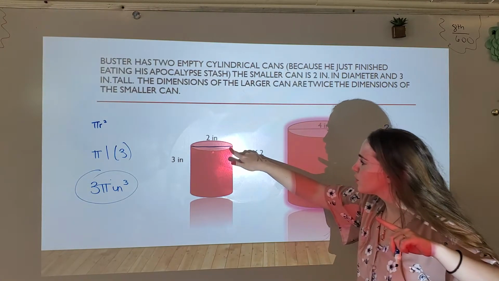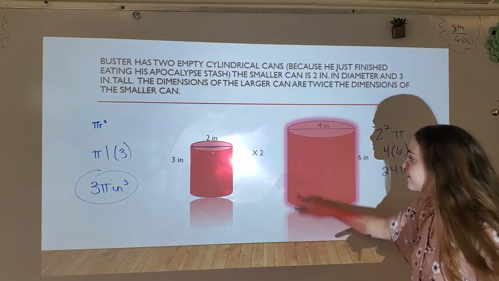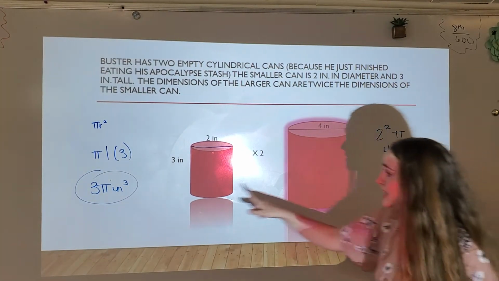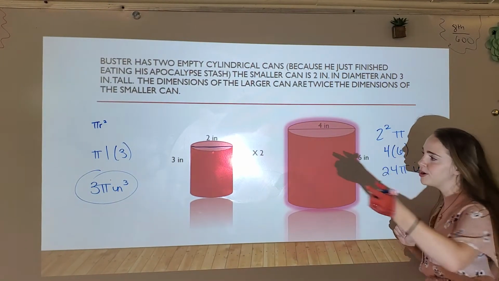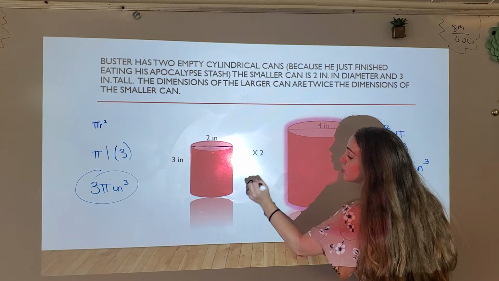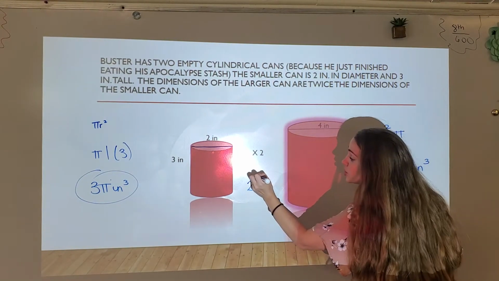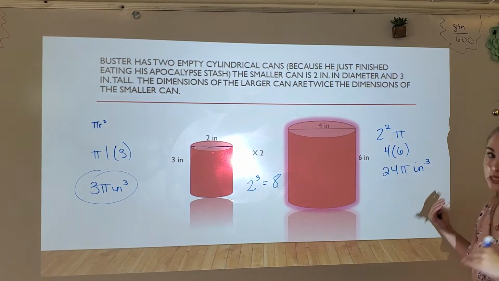The scale factor for the diameter is times 2, and the height is times 2. But for volume, you multiply by 8. Volume is cubed, so 3 dimensions would be 2 cubed, and the volume would be 8 times as big.